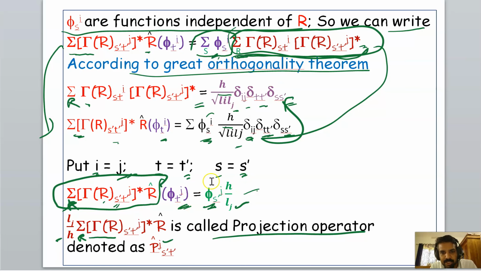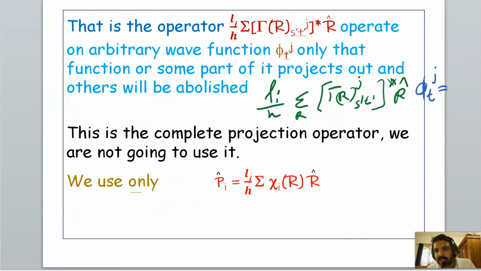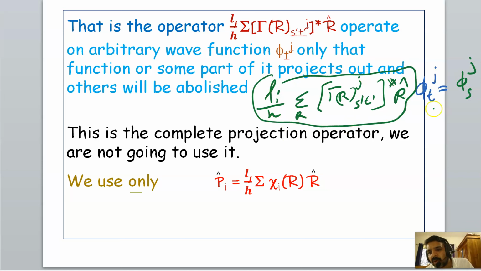We get another function, which one? Phi sj. This is our last result, and this is an operator. It's called a projection operator. It operates on any arbitrary function, a single function or a linear combination, and we get another function or linear combination which has the same symmetry as this operator.